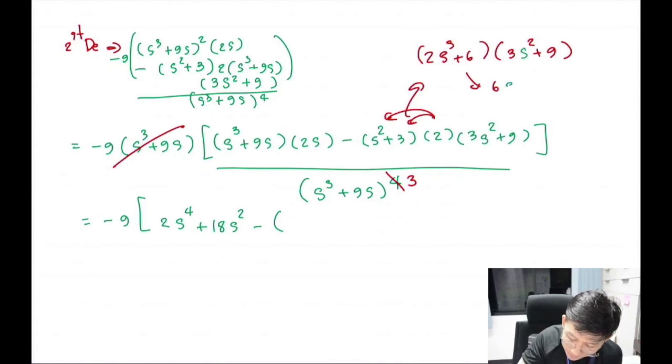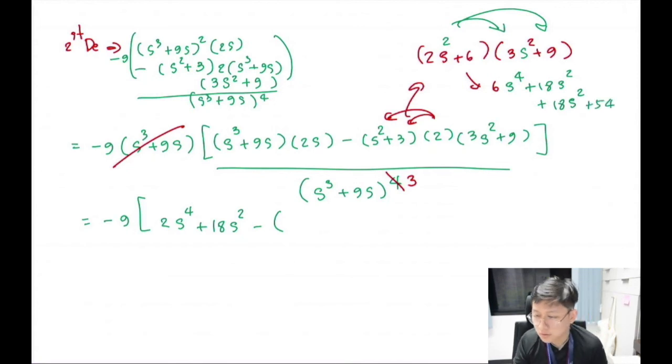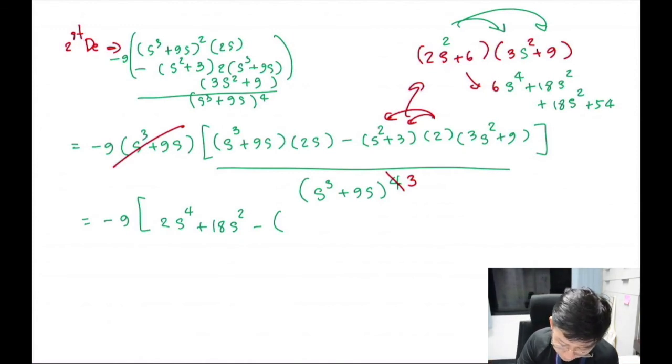So we have 6s to the 4, and then we have 18s squared, and then we have 18s squared, and then we have 54, right? Then we have 54.